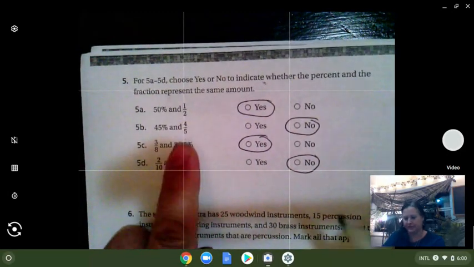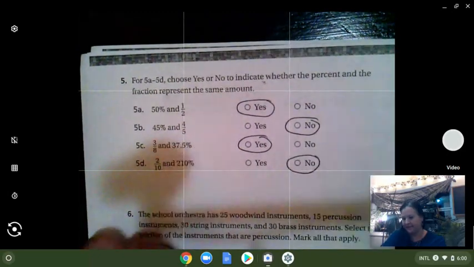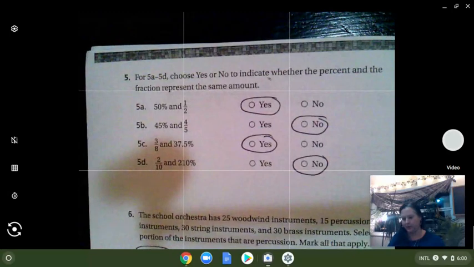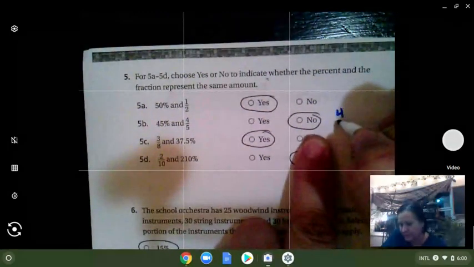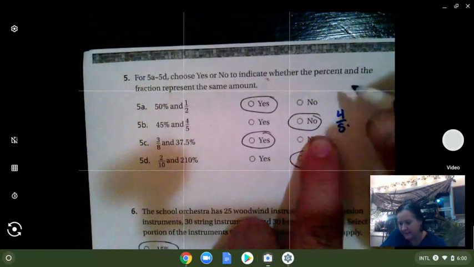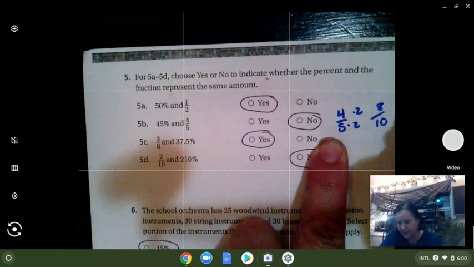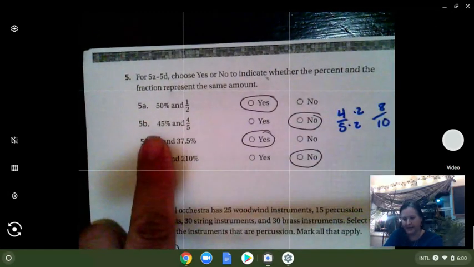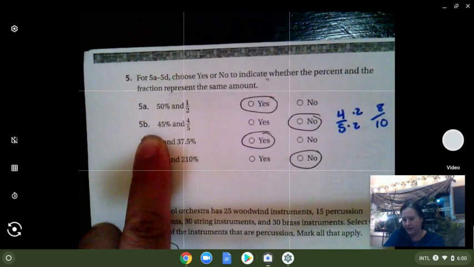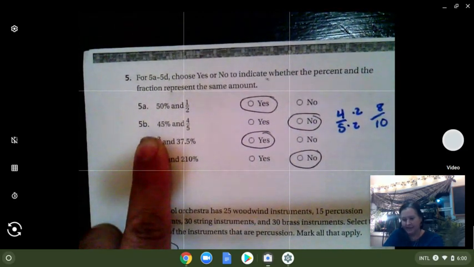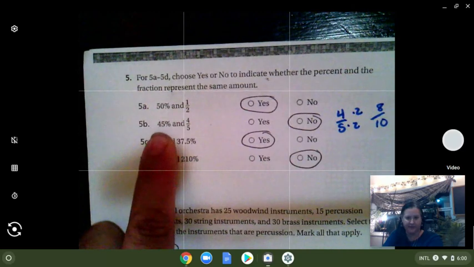So we could divide 4 divided by 5 on a calculator if you wanted. Or you could do 4/5 and turn it into tenths so we can make it into a decimal, we get 8/10, 0.8. So 0.8 and 45% is not the same. 0.8 would be 80%, compared to 45%, right? So that is a no.